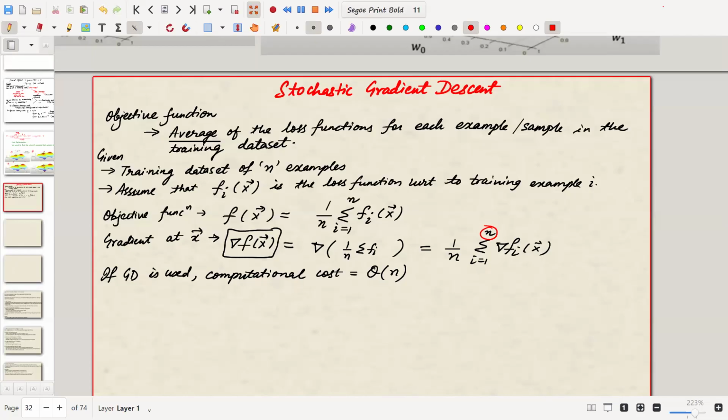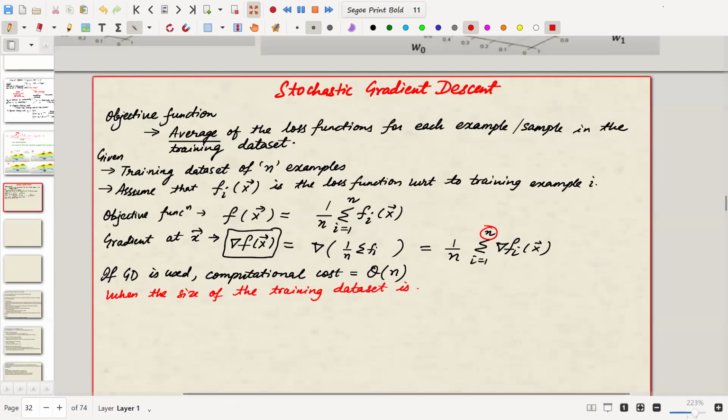Mr. Rohit, okay. So when the size of the training data set is higher, is that a problem?